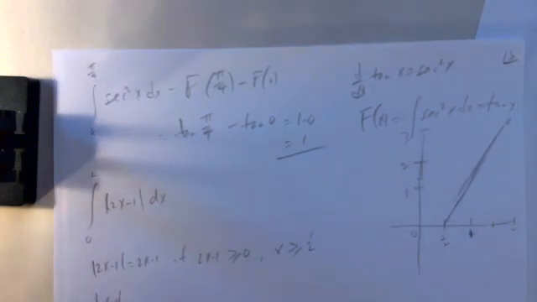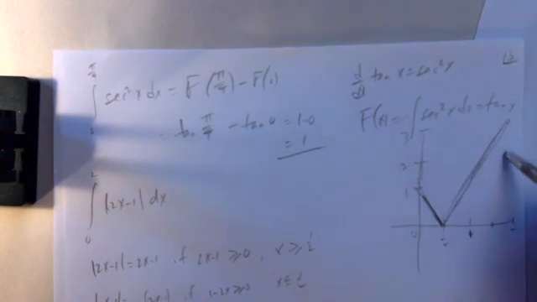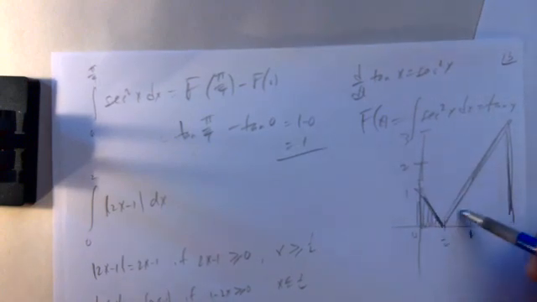And the absolute value of 2x minus 1 is 1 minus 2x if 1 minus 2x is greater than or equal to 0, or x is less than or equal to a half. So this is 1 minus 2x. So this is what the graph of this absolute value function looks like.